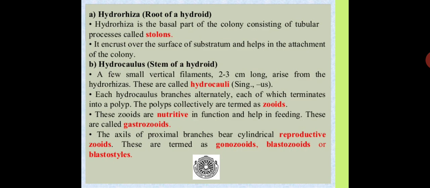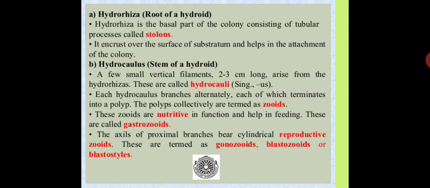Hydrocaulus is the stem of a hydroid. A few small vertical filaments 2 to 3 centimeters long arise from the hydrorhiza, and these are called hydrocauli, singular hydrocaulus. Each hydrocaulus branches alternately, each branch terminating in a polyp.